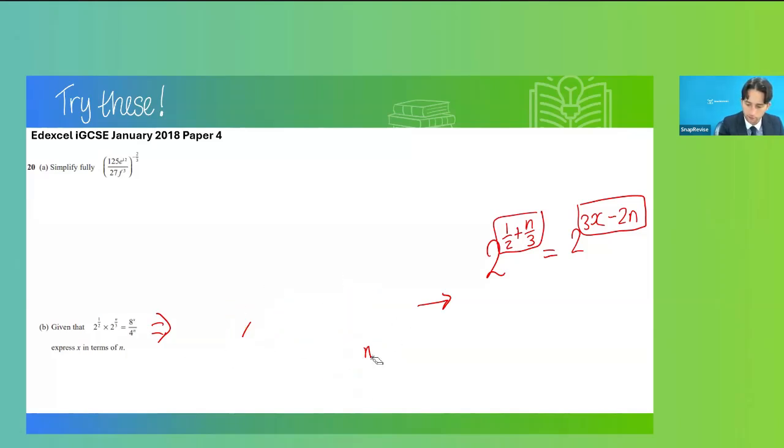But you're just going to kind of, from that point, do half plus n over 3 equals 3x minus 2n. Bring all the n's to one side, all the other bits across, and just get x on its own. And so the result here ends up as that, okay, when rearranging for x.